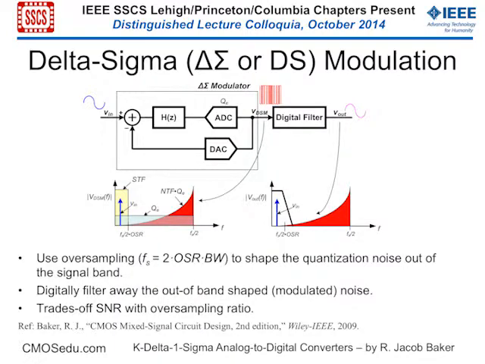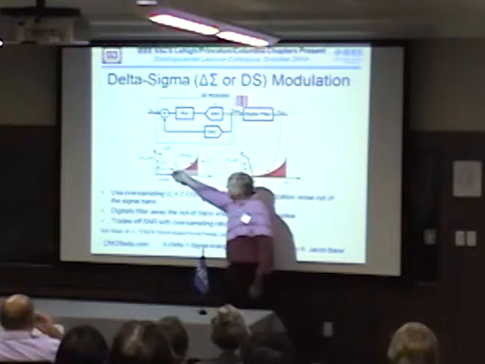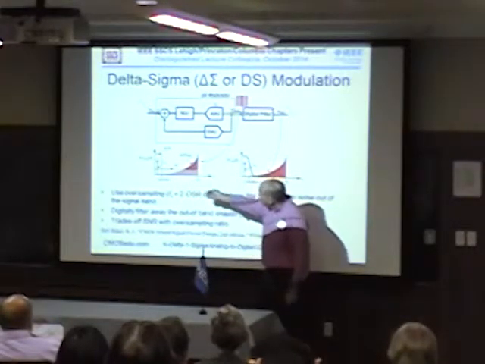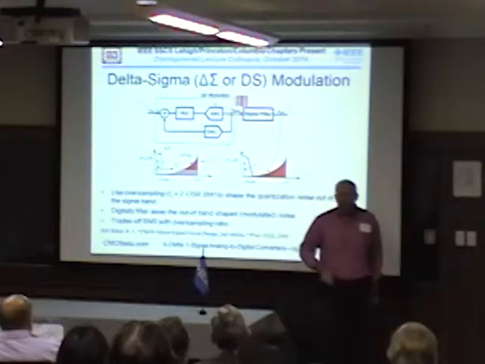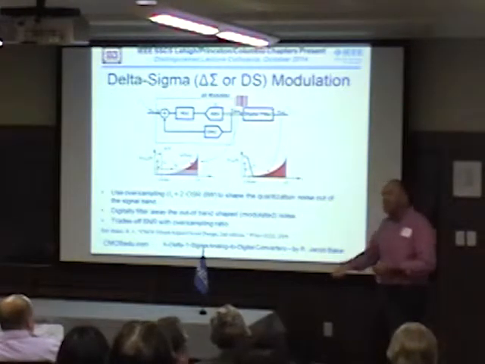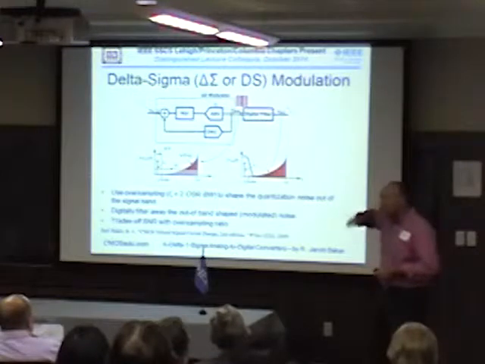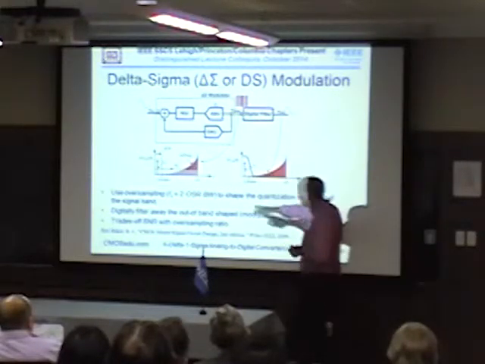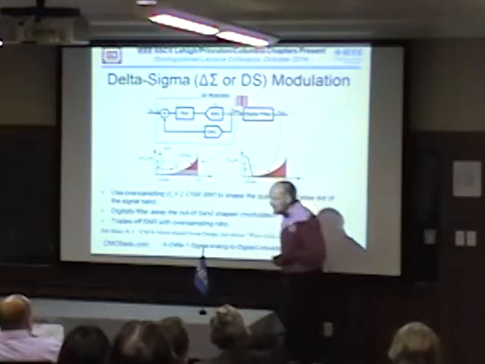If I look at the spectrums, here's my input sine wave. This line right here represents the digital low-pass filter, and this red here represents the noise, and that represents me not being able to keep up with the averaging as the water's changing quicker and quicker as I increase frequency.